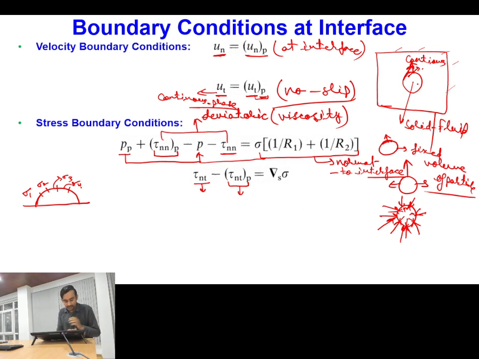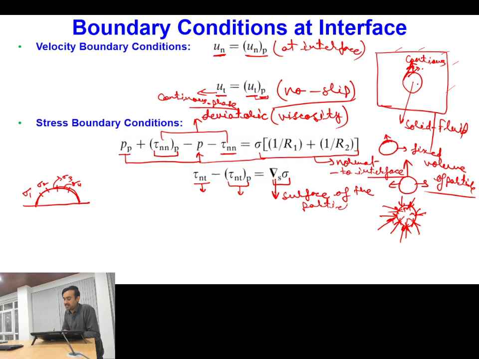So tangential force will only come if you have a gradient of surface tension in the tangential direction. So it means all these shear forces will be equal to this gradient of sigma term, and this is applicable at the surface of the particle.